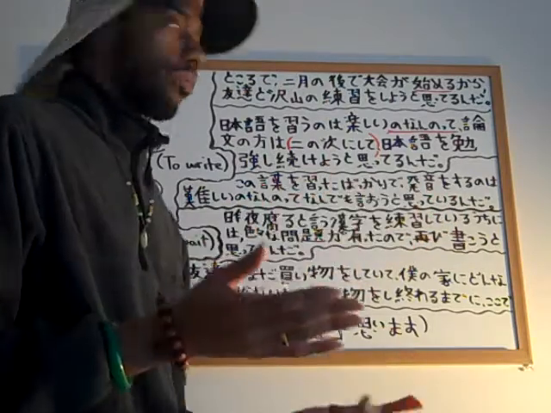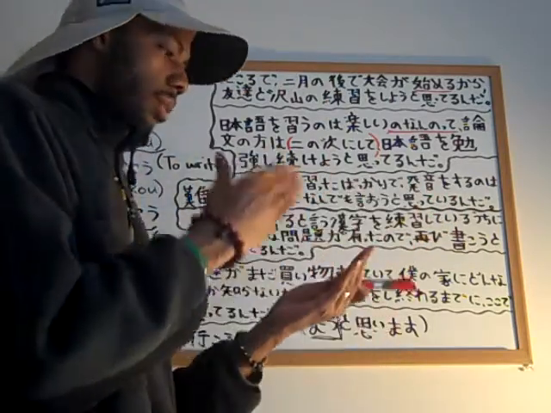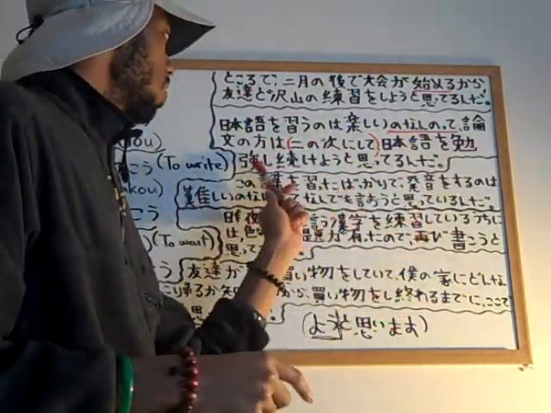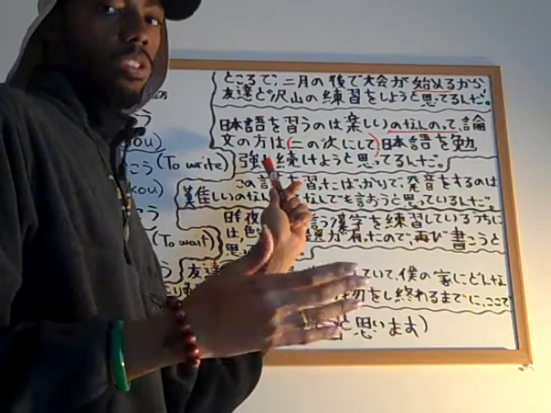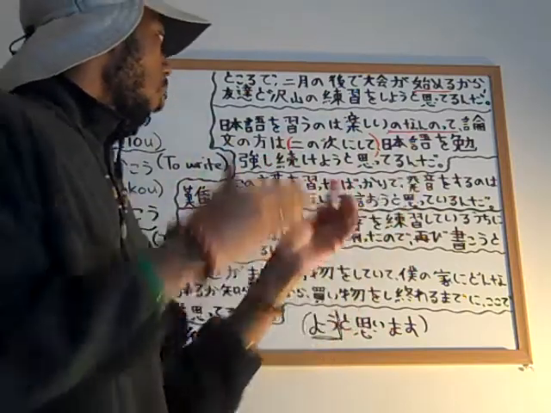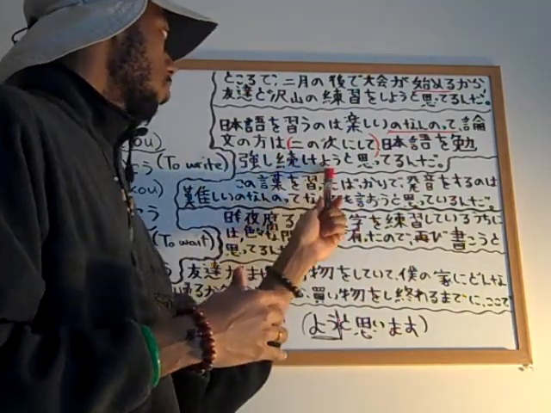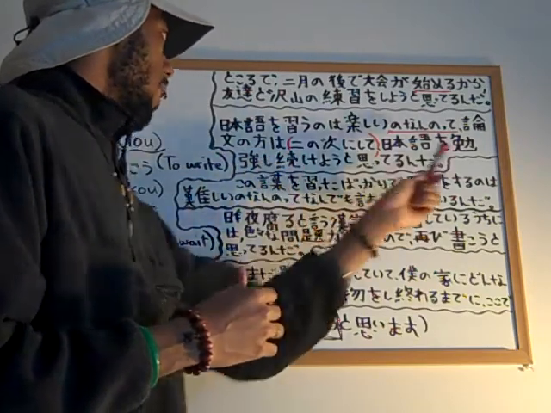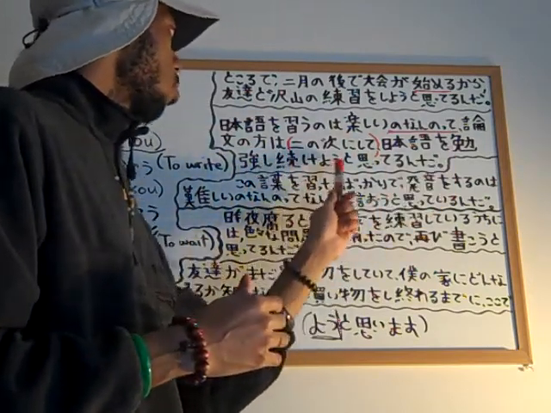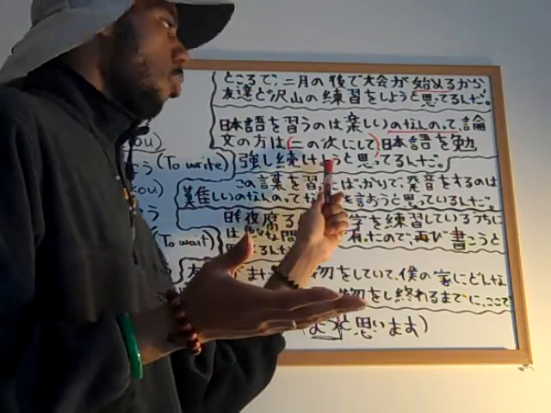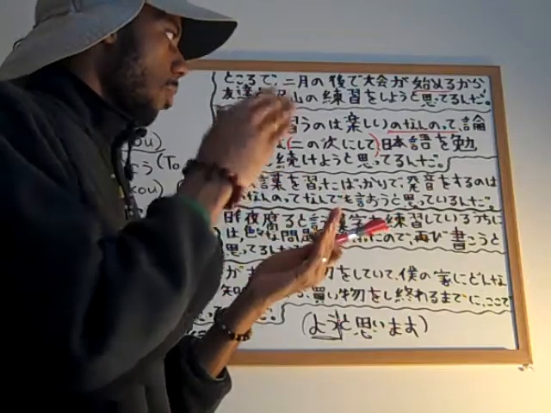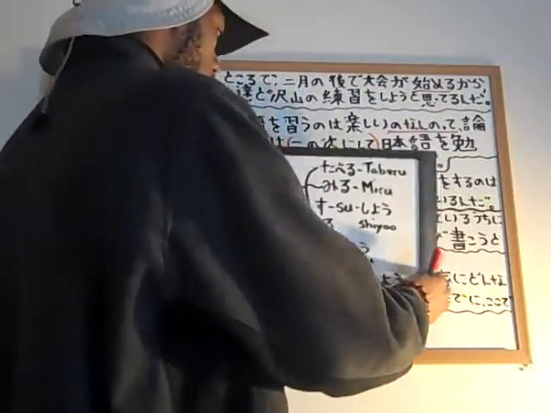Take benkyo shimasu, for example. Benkyo shi is originally benkyo shimasu. We cut off the masu and add tsuzukeru, the kanji for continue. So benkyo shi tsuzukeyo. Now it's yo because with tsuzukeru, you drop off the ru.